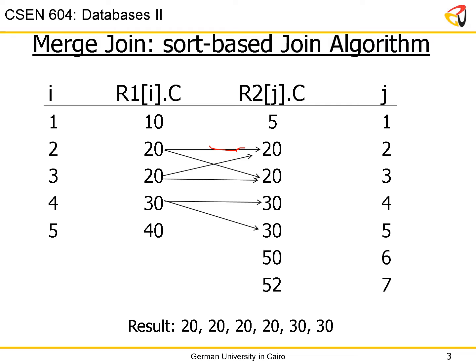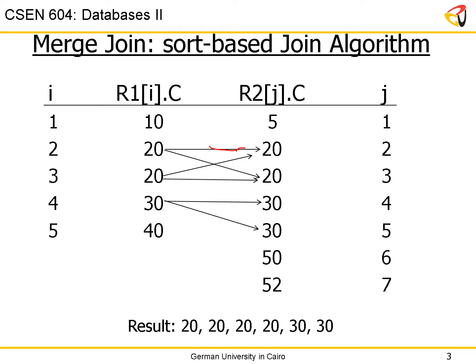We are going to advance I and j down the two columns, R1.c and R2.c, but in a way that guarantees we include in the result set all the values we expect to see as the result of the join, according to what you have learned from database 1.